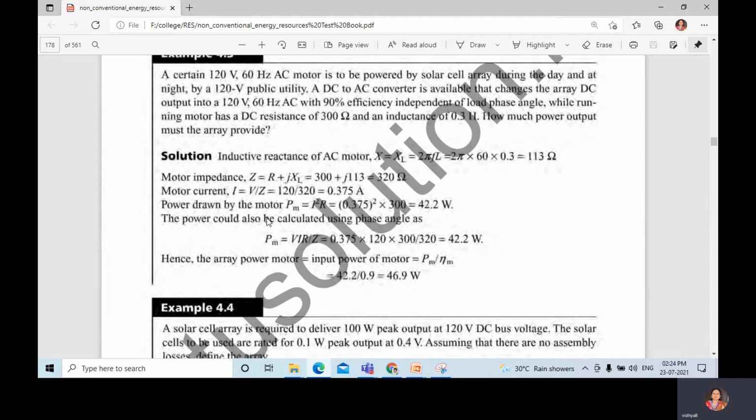The power could also be calculated using the phase angle as Pm is equal to V into I into R divided by Z. Usually we write that P is equal to V into I. Here they have written resistance divided by impedance, the unit of resistance is ohm and the unit of impedance is ohm.